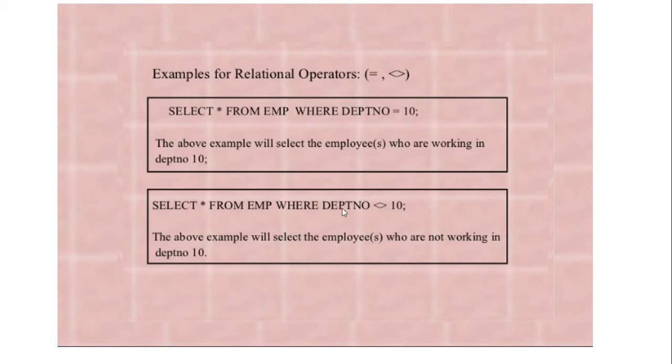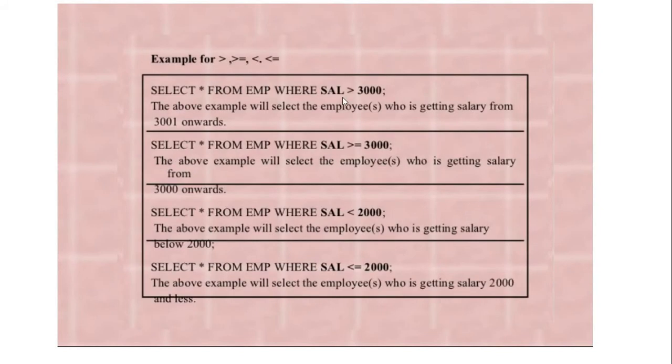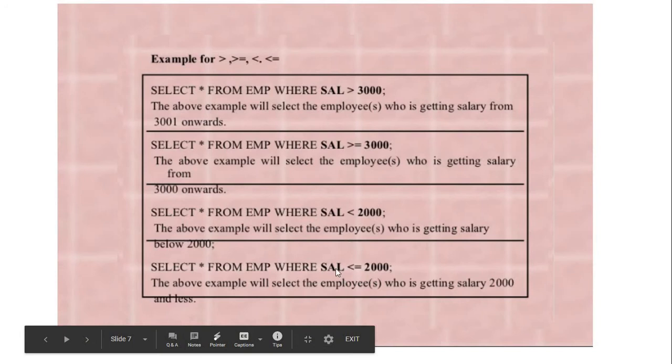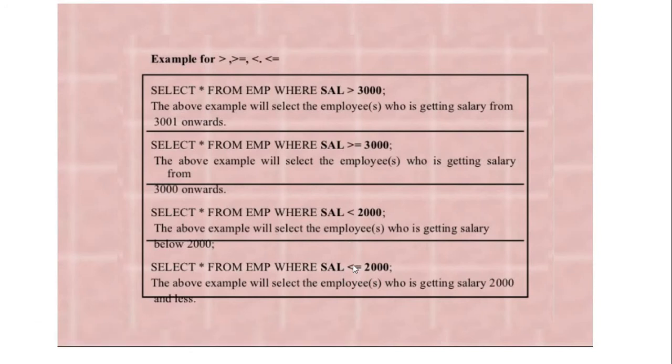And when the department number is not equal to 10, we write it this way. Similarly, when we are interested in selecting all the employees whose salary is greater than or equal to 3000, we write it this way. When salary is less than 2000, we write it this way, and when salary is less than or equal to 2000, we write it this way.